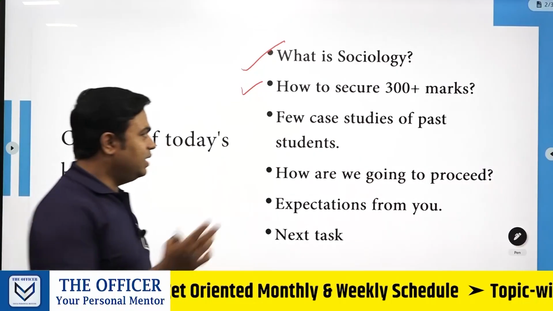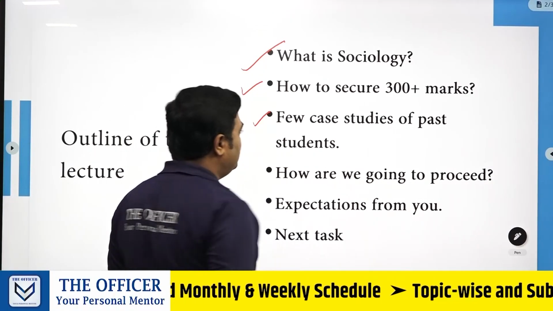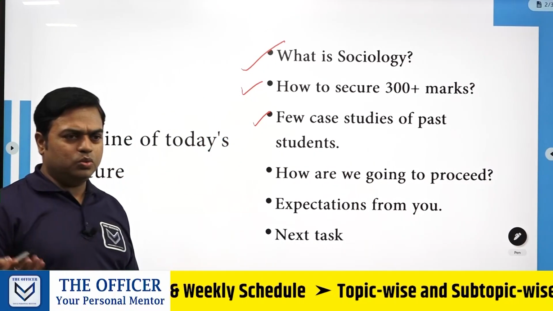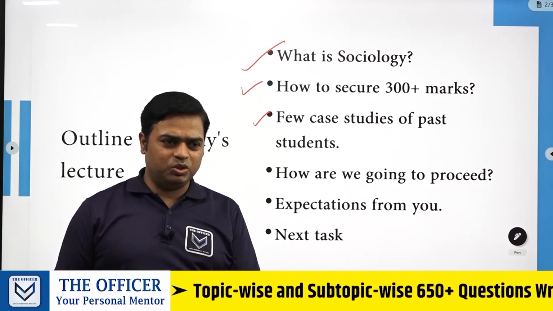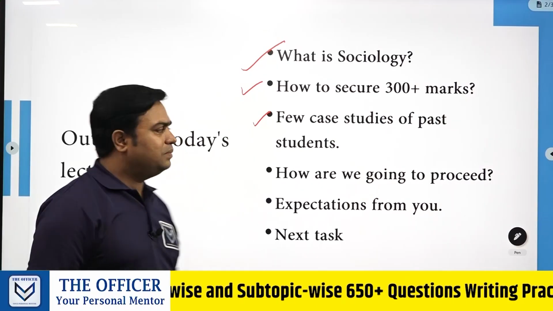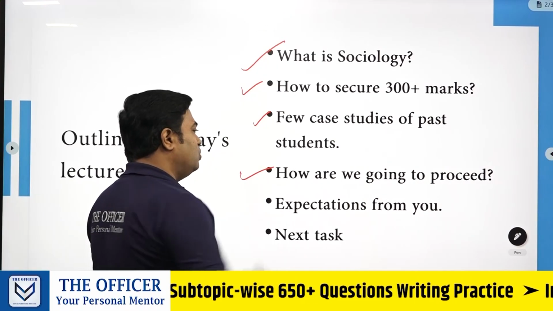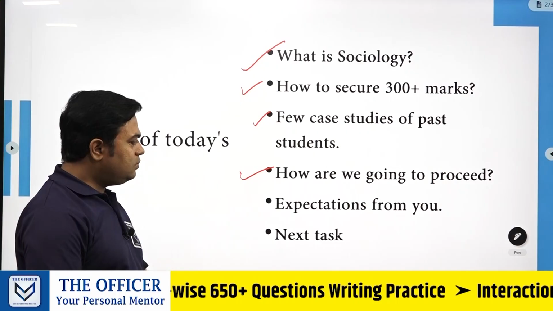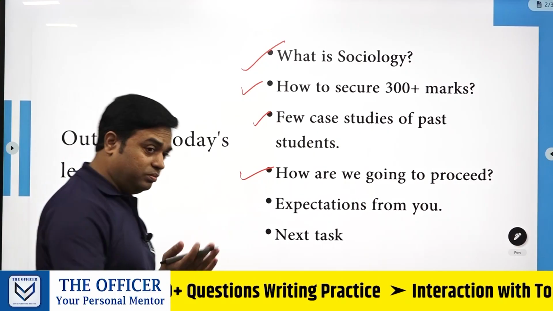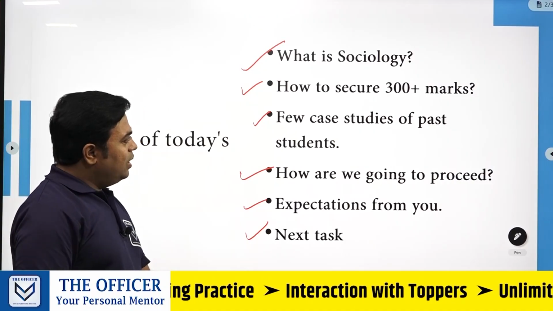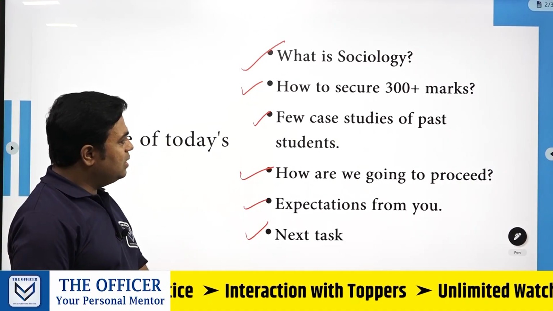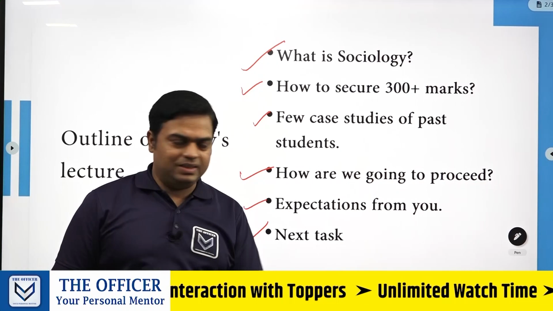Third, a few case studies of past students who have secured a good ranking with the help of sociology. And then how we are going to proceed here, what the expectations from you are, and the next task. So this is our today's agenda, and we will discuss all the things one by one.